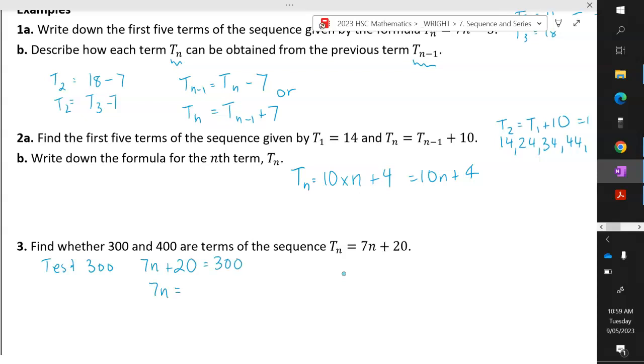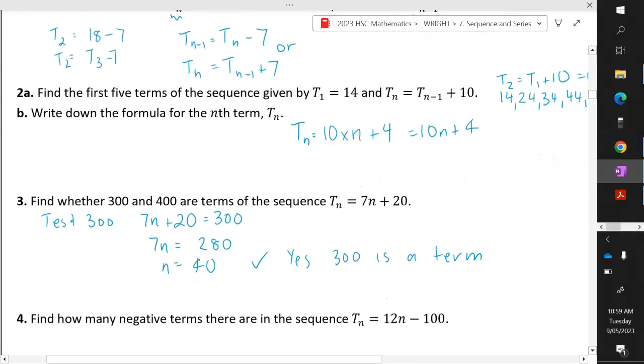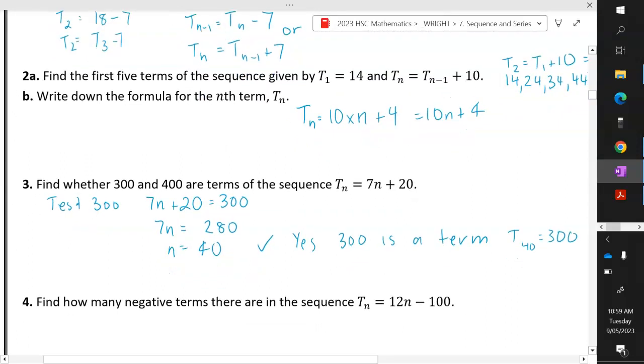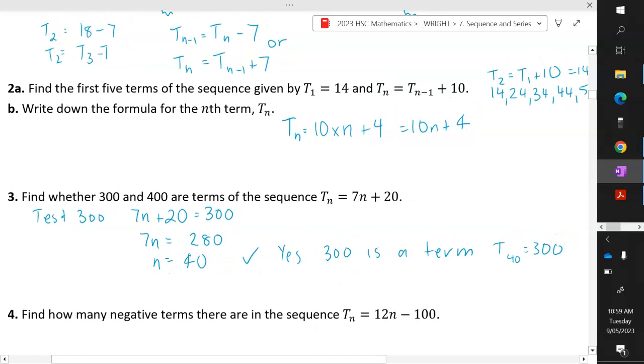So 7n would be equal to 280. So n would be 280 divided by 7. 280 divided by 7 is 40. So yes, 300 is a term. Term 40 is what the value is for that 40th term.